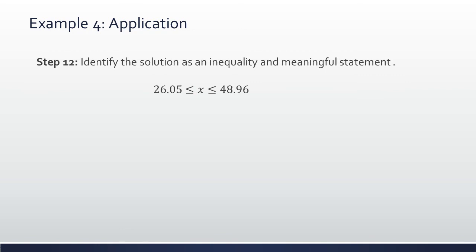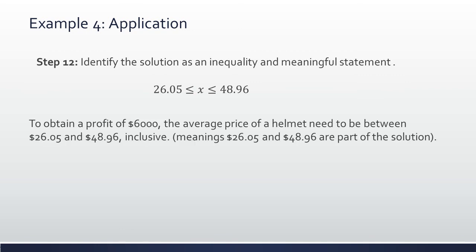My meaningful statement: to obtain a profit of $6,000, the average price of a helmet needs to be between $26.05 and $48.96 inclusive. The word inclusive means that 26.05 and 48.96 are part of the solution. You have to include that the 26.05 and the 48.96 are prices, and that the solution needs to be between and including those two prices.